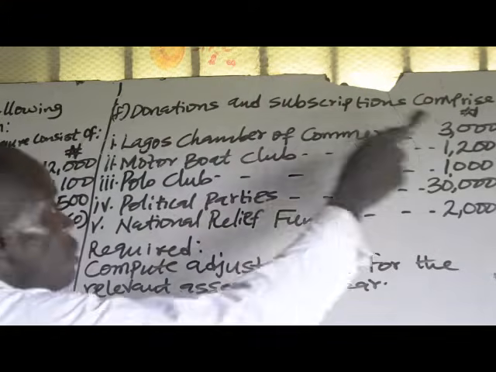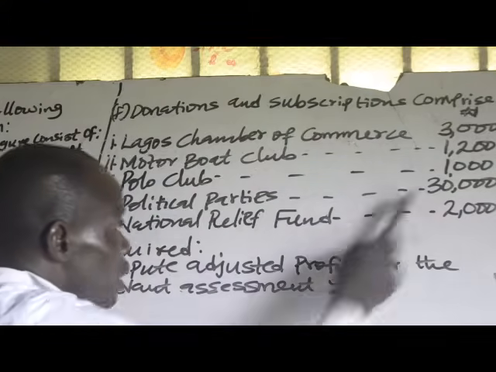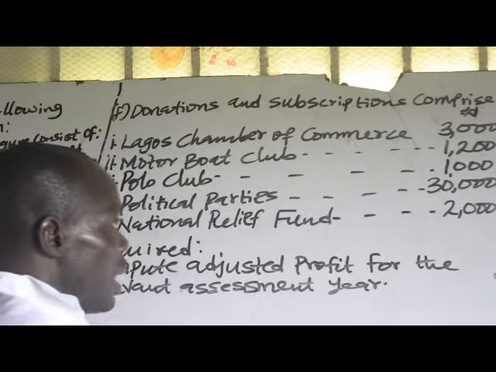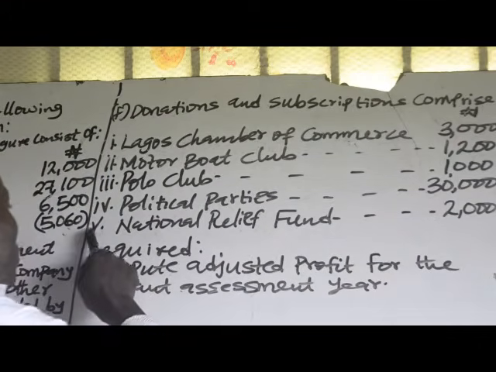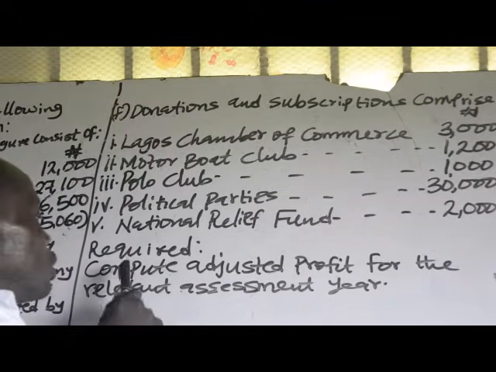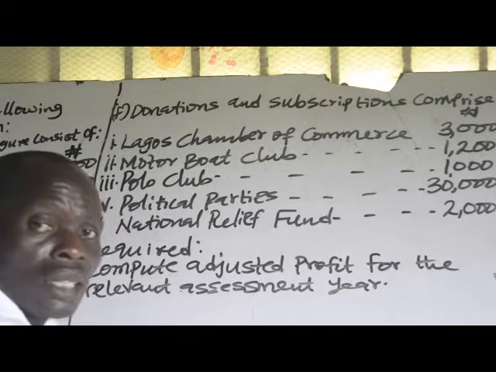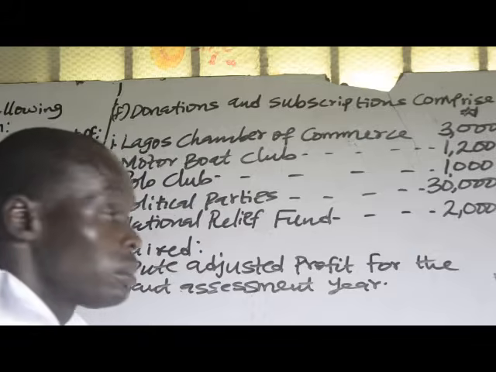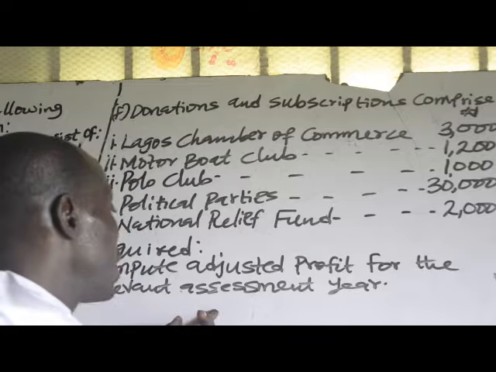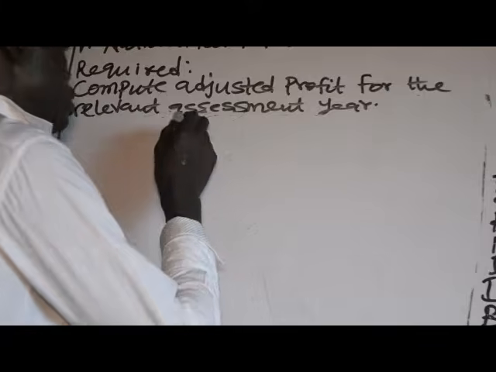Motor Boat Club 1,200. 3. Polo Club 1,000 naira. 4. Political parties 30,000 naira. 5. National Relief Funds 2,000. Required: compute adjusted profit for the relevant assessment year. That is the question. This question is obtained from the study text of the Institute of Chartered Accountants of Nigeria, ICAN Advanced Taxation. Now, the solution.